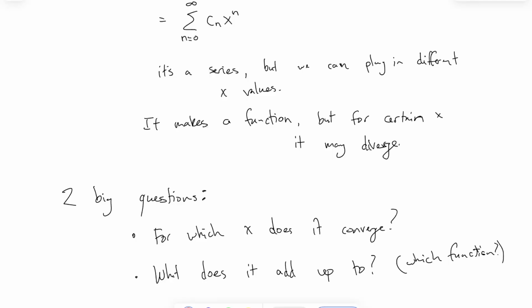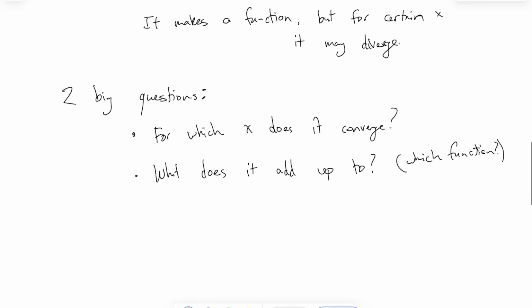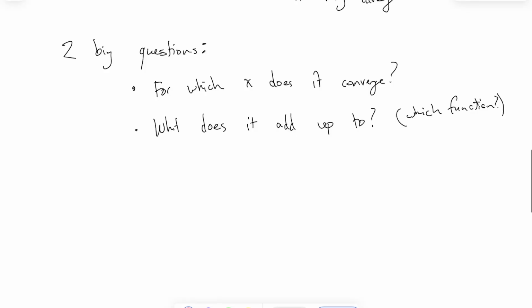But anyway, for now, let's talk about the first question here. For which x does it converge? I want to do an easy example and then some less obvious examples. So the easiest example is when all of the coefficients, all the c's, equal 1.